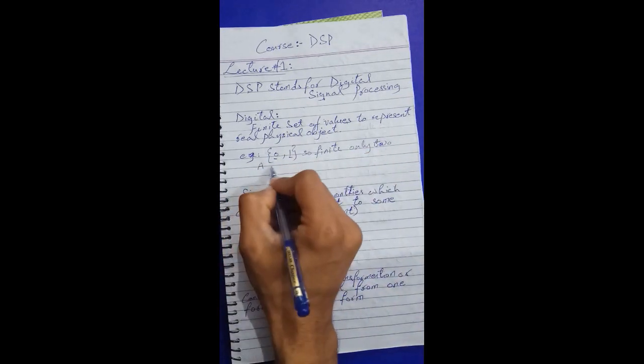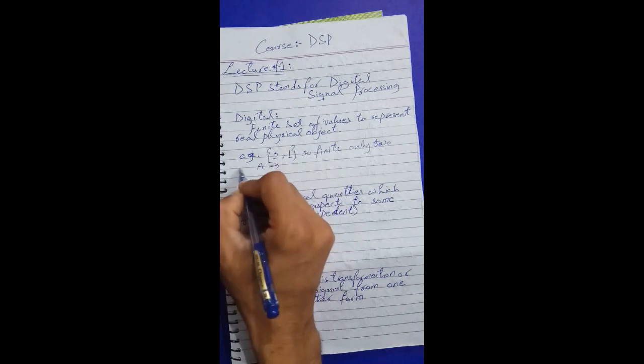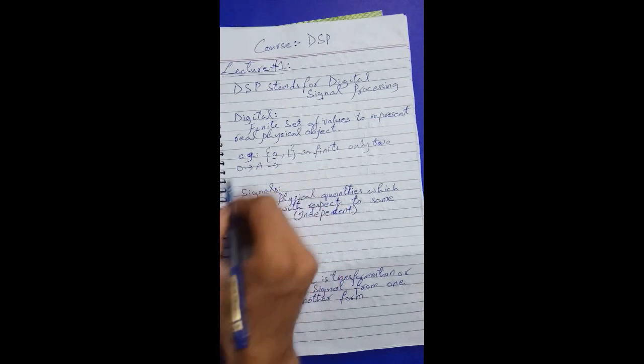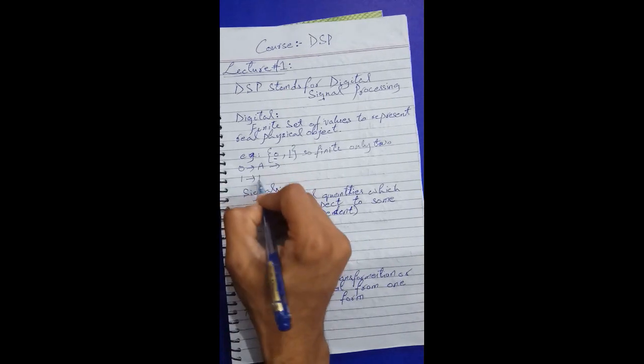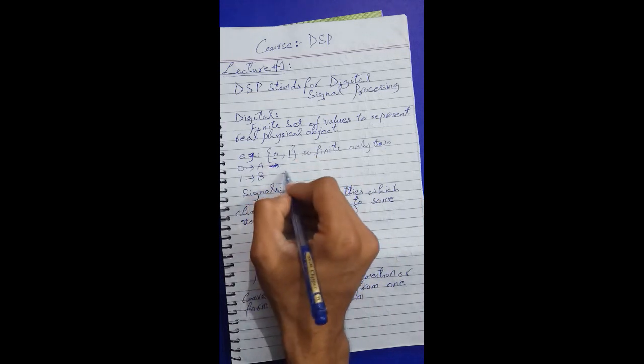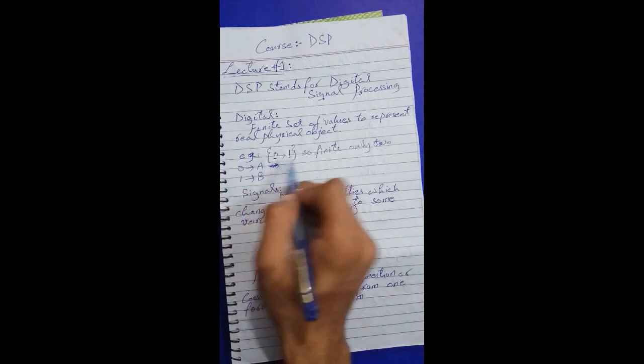For object A, 0 represents object A and 1 represents object B. This is valid for a word which has only two objects.